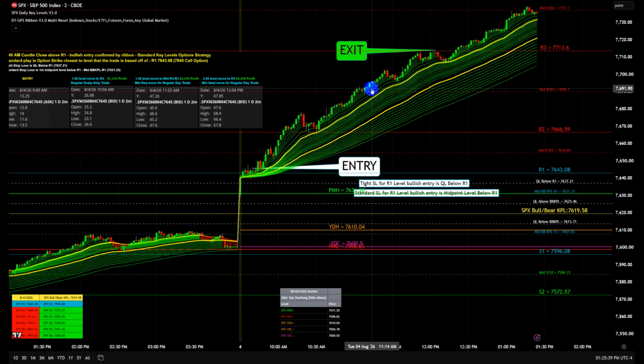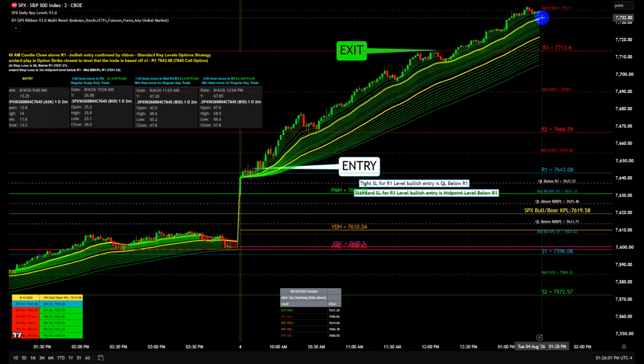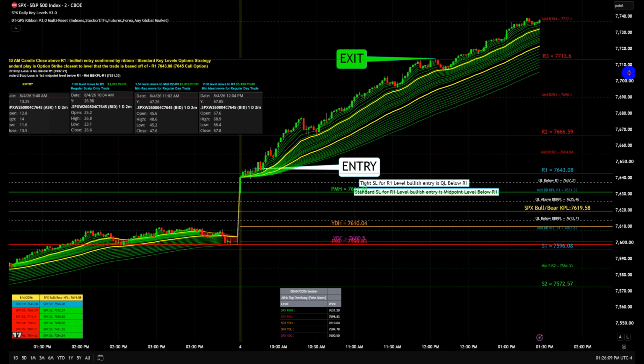Then depending on how many remaining runner positions you have, as it hits a continuing level in your favor, you can take off and exit another one, manage and adjust the stop loss on any remaining ones, and as it hits another one, take off and exit another one, and so on and so forth. Because you really don't know where exactly this is going to end before the end of the session.